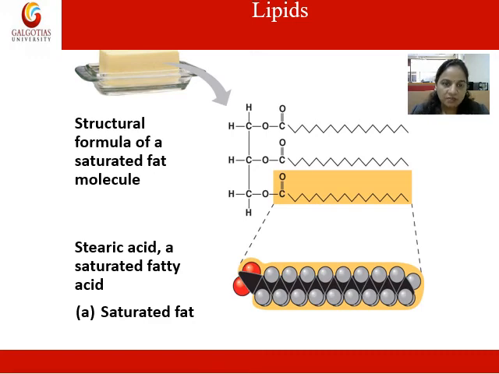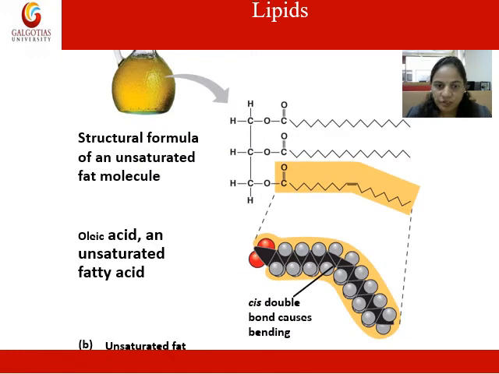Here I have taken the example of butter. You can see this is a saturated long chain of fatty acids, and stearic acid is a saturated fatty acid having a long chain with single bonds only, like I have shown in the previous diagram.